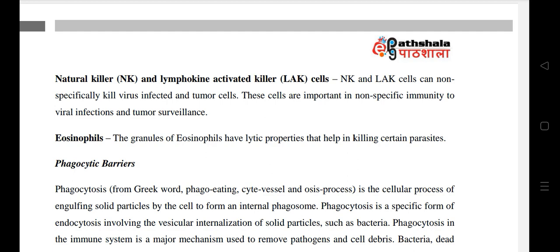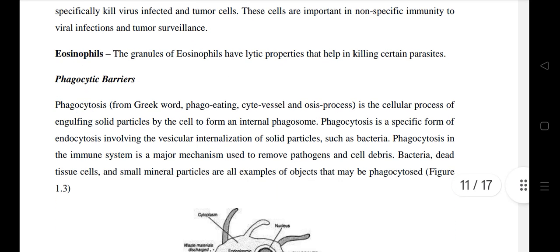NK and LAK cells can non-specifically kill virus infected and tumor cells. These cells are important in non-specific immunity to viral infections and tumor surveillance. Then eosinophils. The granules of eosinophils have lytic properties that help in killing certain parasites.